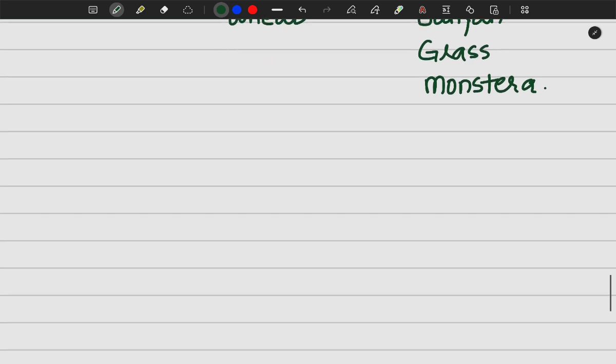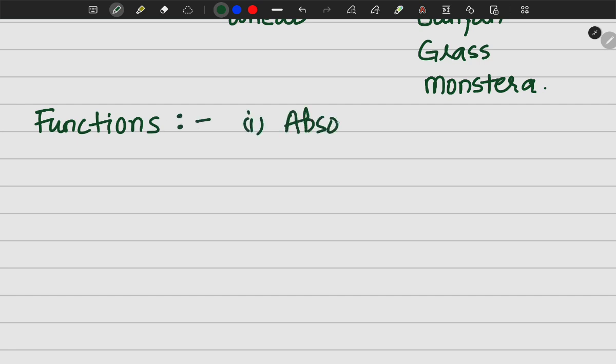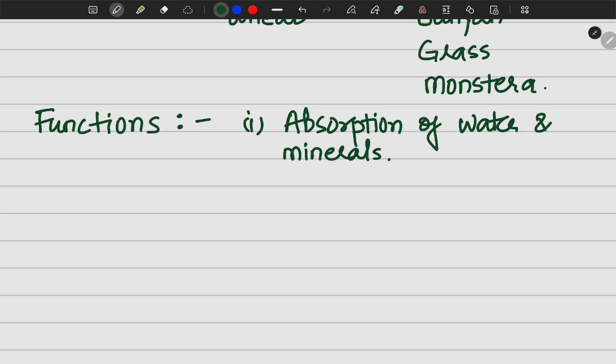Now let us look at some of the functions of roots. So the primary function we all know is the absorption of water and minerals from the soil. With the help of roots, the plants absorb water and mineral from the soil.